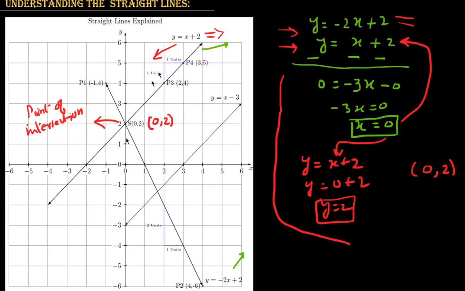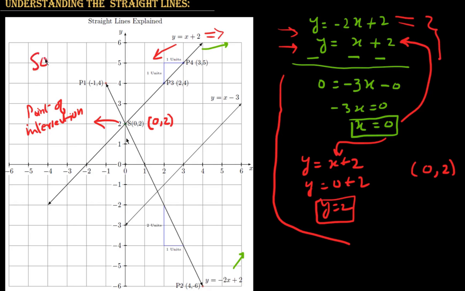It's a quick method. You can quickly draw the lines, find 2 points, draw the line and find where they intersect and find the coordinates of that point. Very simple. So this line and this line intersect at this point, what are the coordinates of this point? There is 0 for x, and 2 is the value of y. So (x, y) is the solution of these two linear equations.